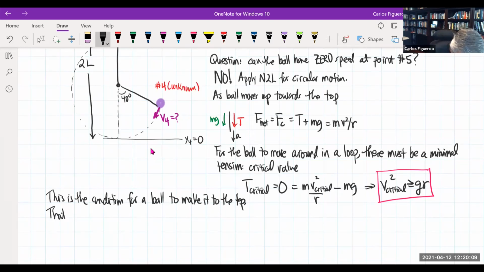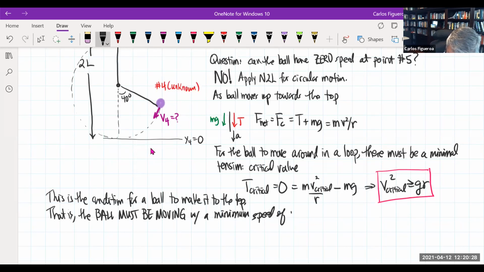That is, the ball must be moving with a minimum speed of v squared critical equal to gr. You have to have that. So let's go do that.